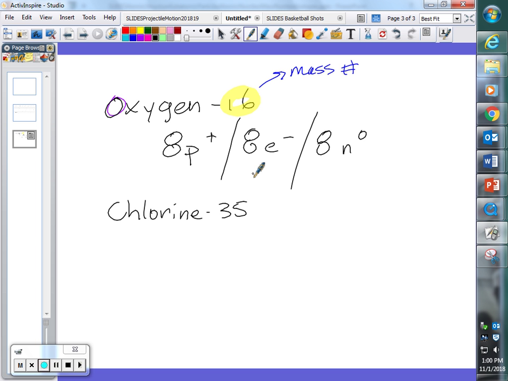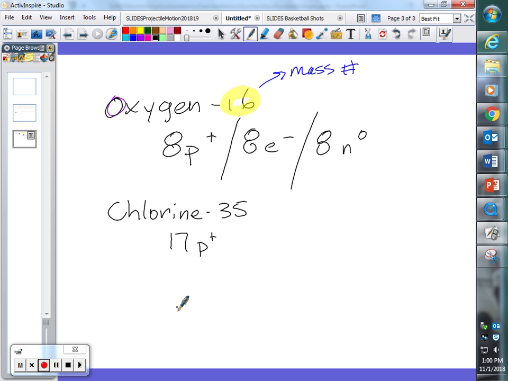What is chlorine's atomic number? 17. Any atom that we call chlorine has an atomic number of 17. What does that mean? 17 protons. 17 is chlorine's atomic number based on the periodic table, and that means it has 17 protons.